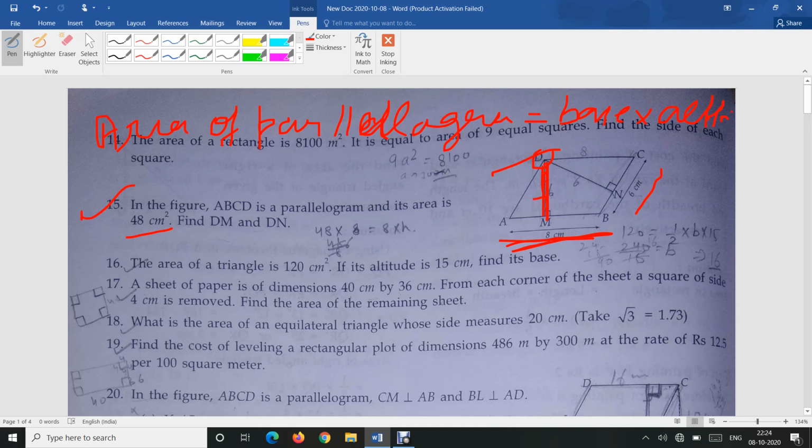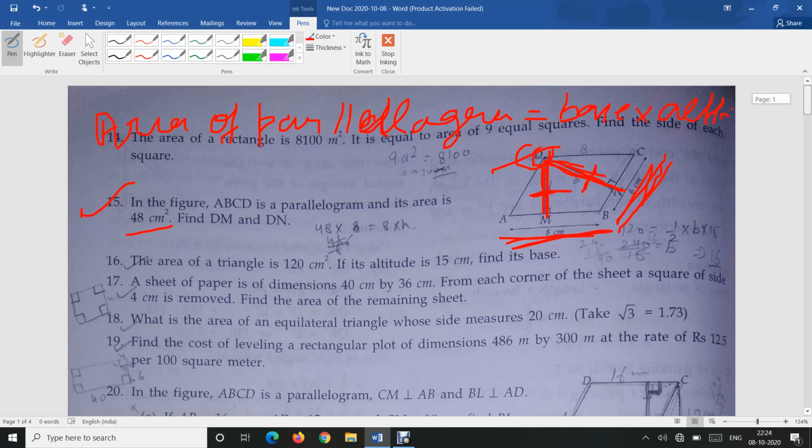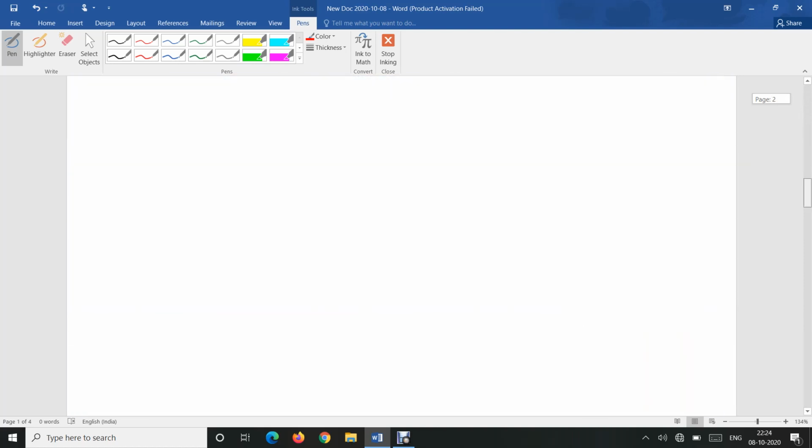And there is one more perpendicular from vertex D to side BC. That means in this case BC will be the base and DN will be the height, or altitude, and you have to find the length of DM and DN when you are given the area of the parallelogram and also the sides of the parallelogram.